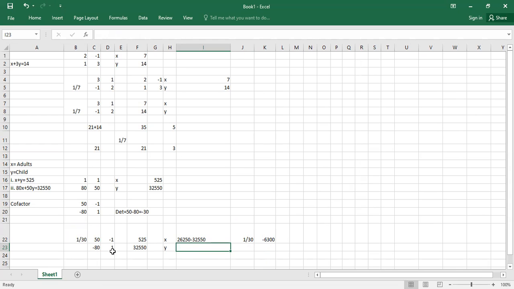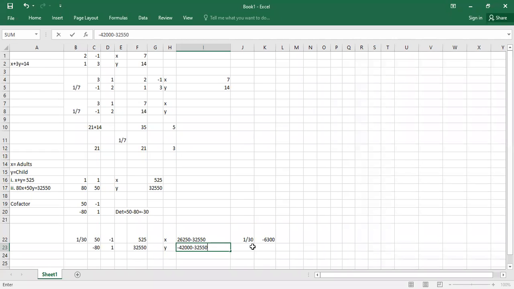The next one, negative 80 multiplied by 525. Negative 42,000. Yes. Then I have 1 multiplied by just a negative 32,550.